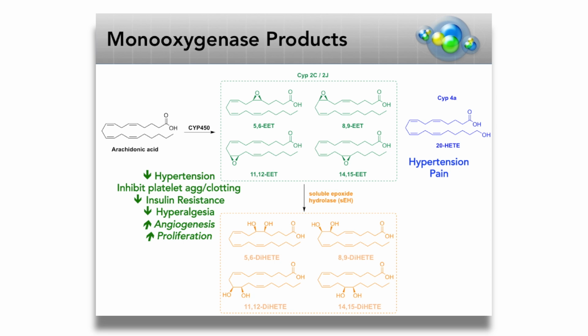In recent years, soluble epoxide hydrolase inhibitors have been made due to the beneficial effects of EETs being able to decrease blood pressure and insulin resistance. However, it has also been shown that EETs are angiogenic and cause cell proliferation and may play a role in cancer. So caution must be used when using soluble epoxide hydrolase inhibitors to treat patients.